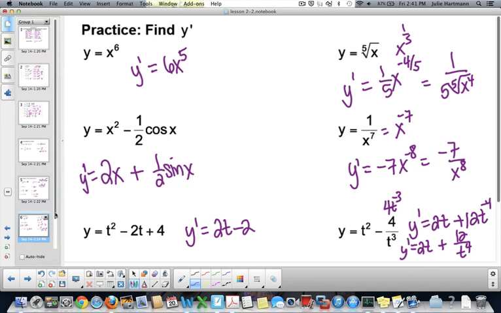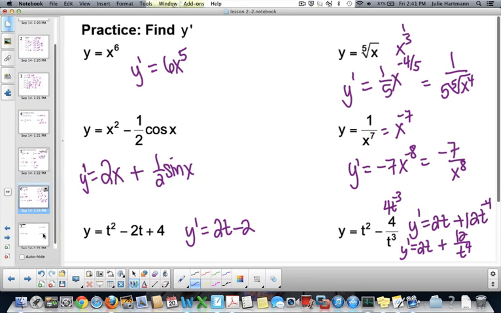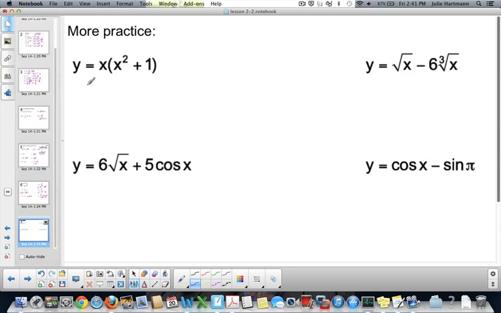There's those. And the next 4. On one like this, I would distribute first, so that's x cubed plus x. So y prime equals 3x squared plus 1. Rewrite this.